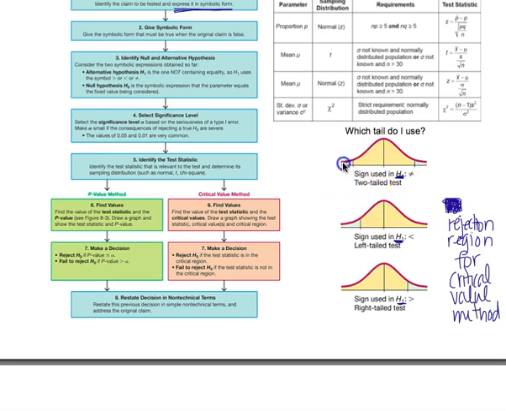On a two-tailed test, the rejection region is going to be over here and over here. So if our test statistic falls anywhere in this shaded color, then we would reject our null hypothesis. For left-tailed, the rejection region is just over here. And for right-tailed, it's over here.